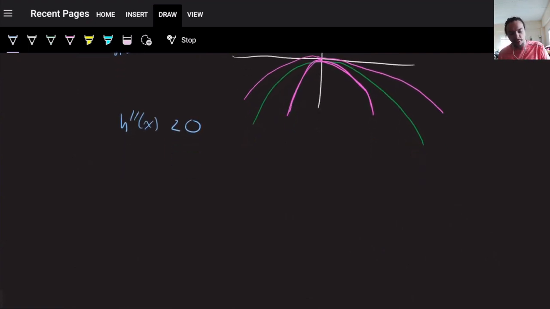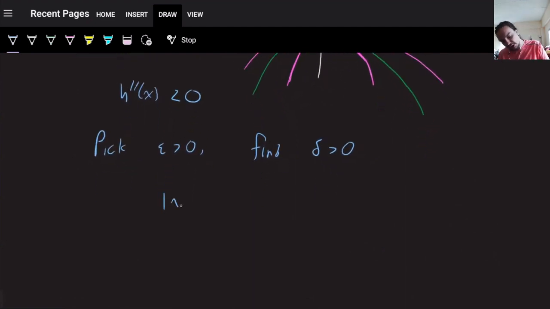by continuity, we can find, so let's pick an epsilon and find delta greater than 0. So we're finding a delta so that as long as x is less than delta, then f double prime at x is going to be greater than or equal to f double prime at 0 minus epsilon.